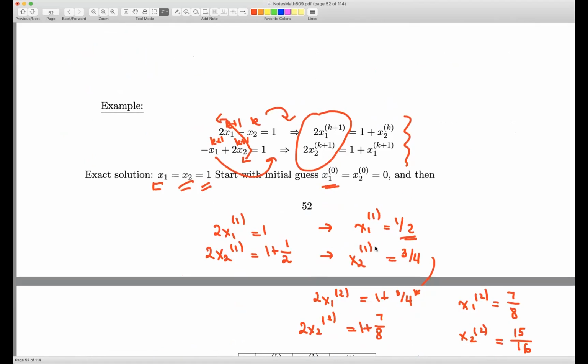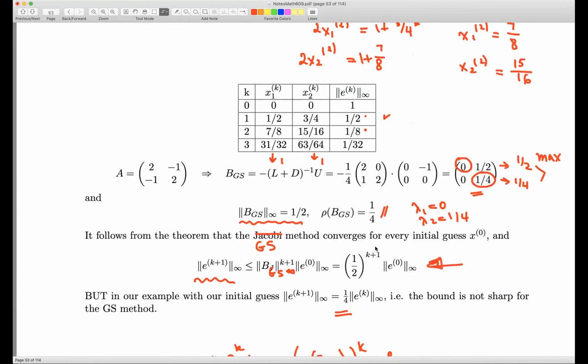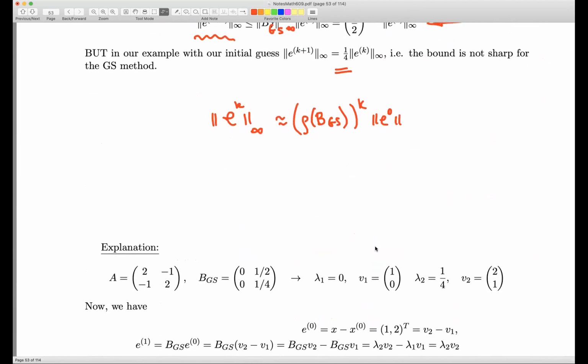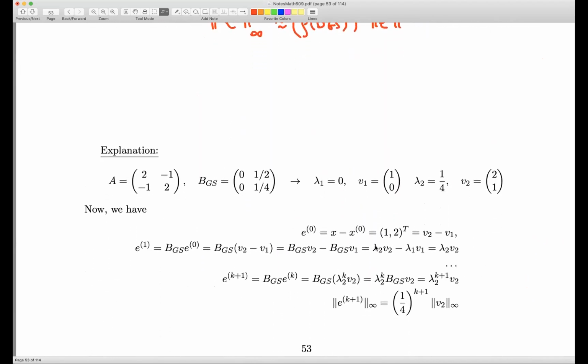And we also can give some sort of explanation in this particular case. If you look at the matrix A and the iteration matrix of the corresponding Gauss-Seidel method, we said that the eigenvalues are 0 and 1/4, and one can compute that the corresponding eigenvectors are V1 and V2.